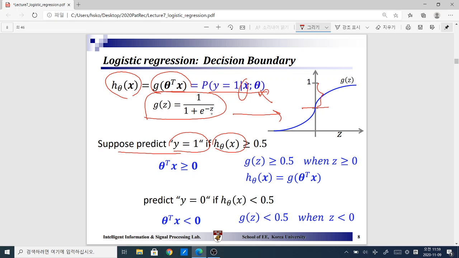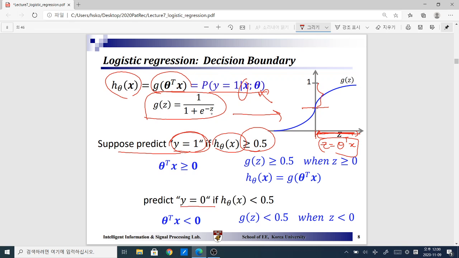So this means that anything that belongs here for the z, where z once again is the parameter dotted with the feature, if z happens to be ranging from here to here, then it should be positive, or it should predict the label to be positive.